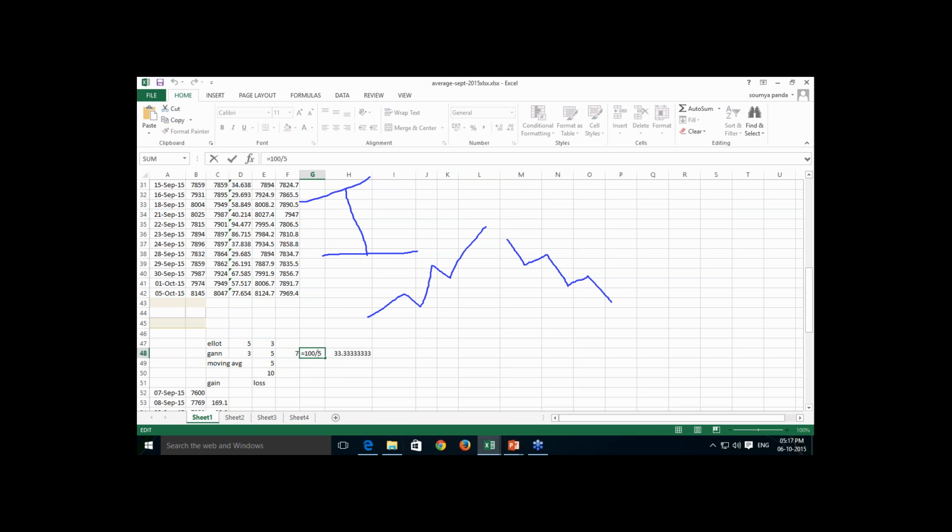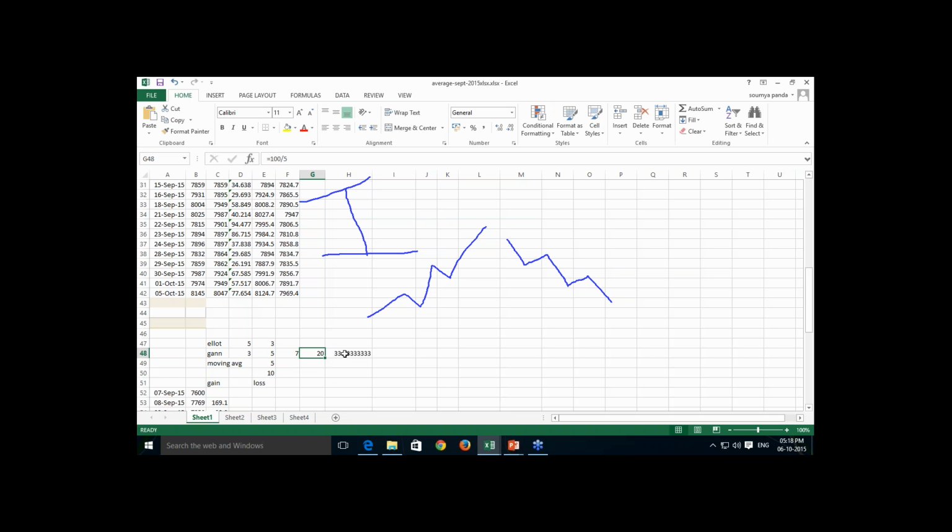So what I did here: if you have 100% of movement, 5 occurs multiple times. If I take 100% as my move and divide 100 by 5, that gives 20% of the move. That's why Bollinger also used the 20-period moving average. Why not 19? Why not 18?